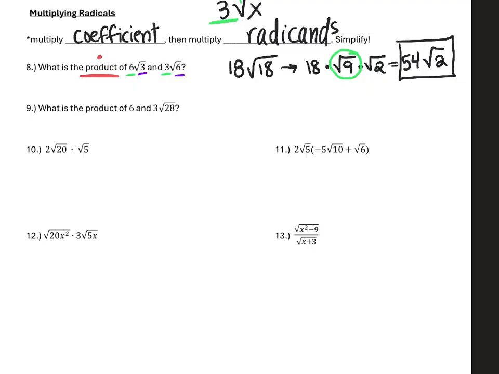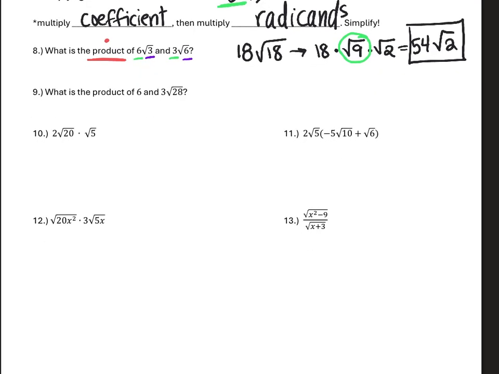If you have a whole number times a radicand, you just multiply the whole number times the coefficient. So we get 18 root 28. And then we have to check what? If it has any perfect square factors.